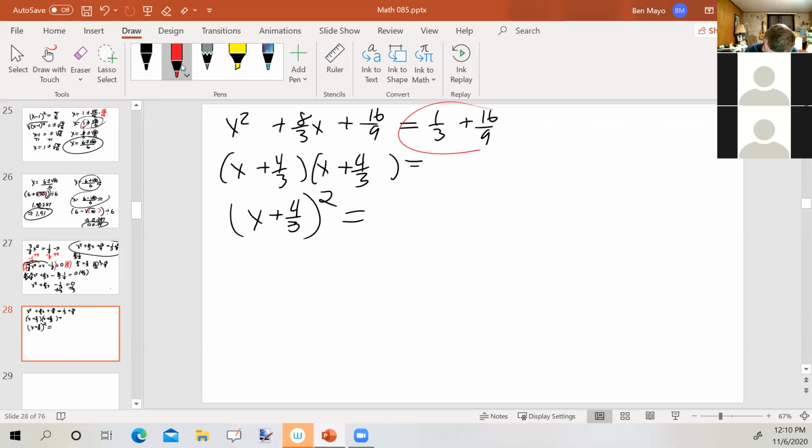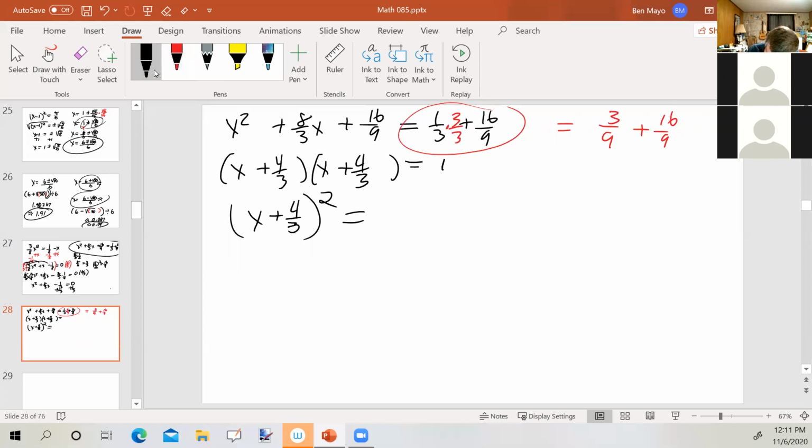Okay, I've got to add these two together. What's the common denominator of 3 and 9? 9. So I'm going to multiply 1/3 by 3/3. So I get what? 19/9. Okay. So now I've completed the square.